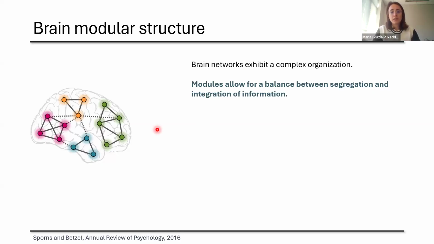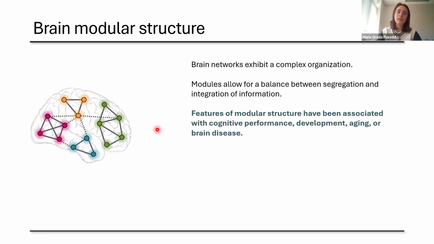And this feature of brain networks is quite nice because it allows for a balance between segregation and integration of information, which is what allows for emergent properties like cognition and complex behaviors. And so one goal of network neuroscience is to describe and identify this modular structure in the brain and see how it can be associated with cognitive performance, development, aging, or brain disorders.